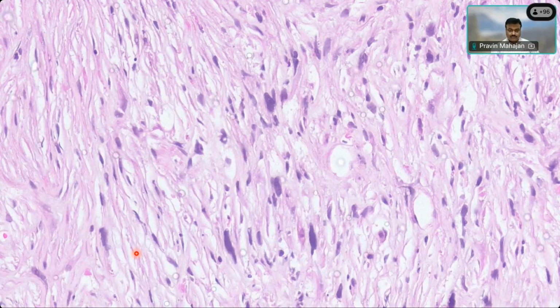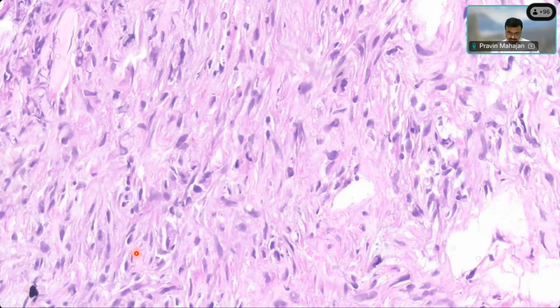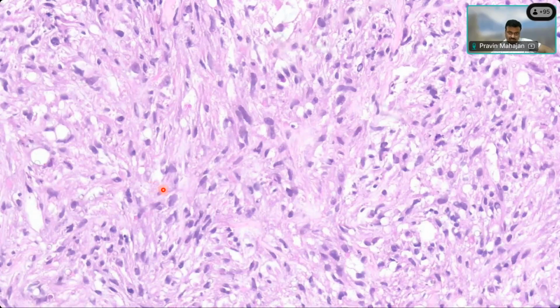Now this area: again nuclear pleomorphism, very irregular nuclei. There is some stroma in between, but definitely it looks like a tumor with pleomorphism. So maybe there is some mitosis probably. I'm not very sure. But again, some areas show a little more cellularity, maybe moderately cellular, with pleomorphism.